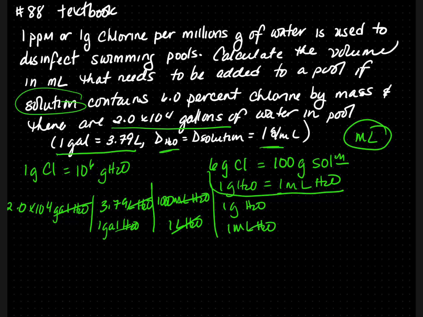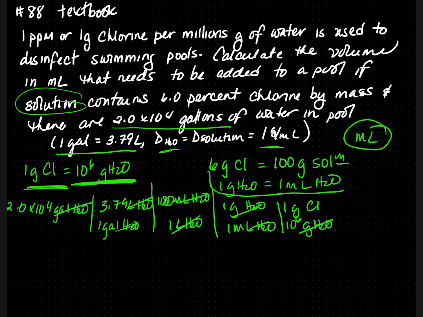So if you notice here, right here, we have grams of water, and we could go to grams of chlorine. So diagonal units is gram of water, gram of water. This is 10 to the 6th to 1 gram of chlorine. The grams cancel out. I do not want chlorine, I want the solution.